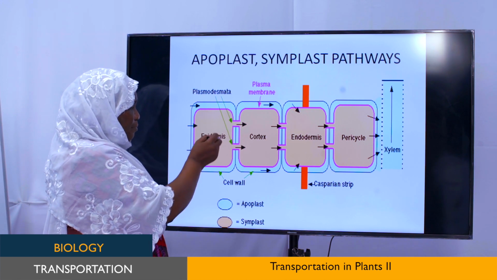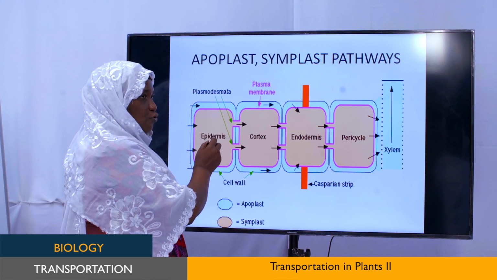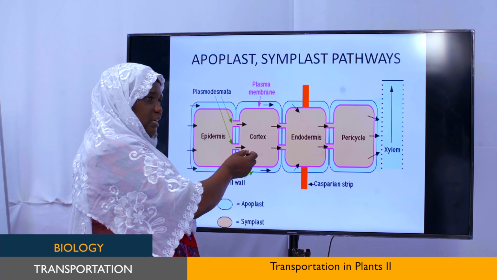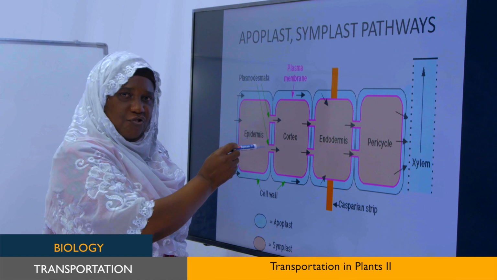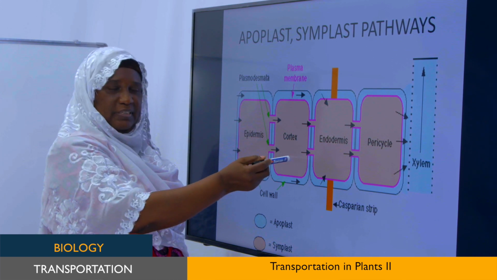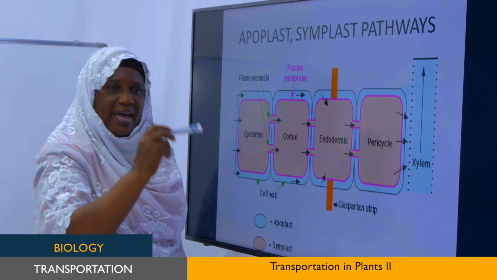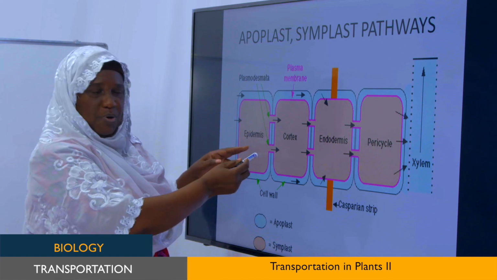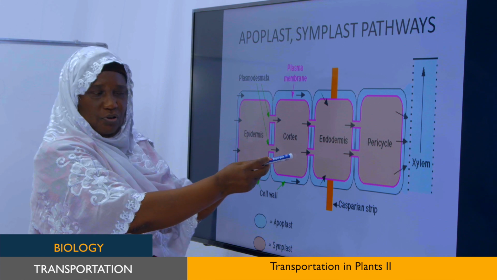That dilution makes the solute potential in this cell higher than in a cortex cell. At the same time, water potential here will be high compared to this cell. Therefore, water will move from the area of high water potential, from here, to low water potential.